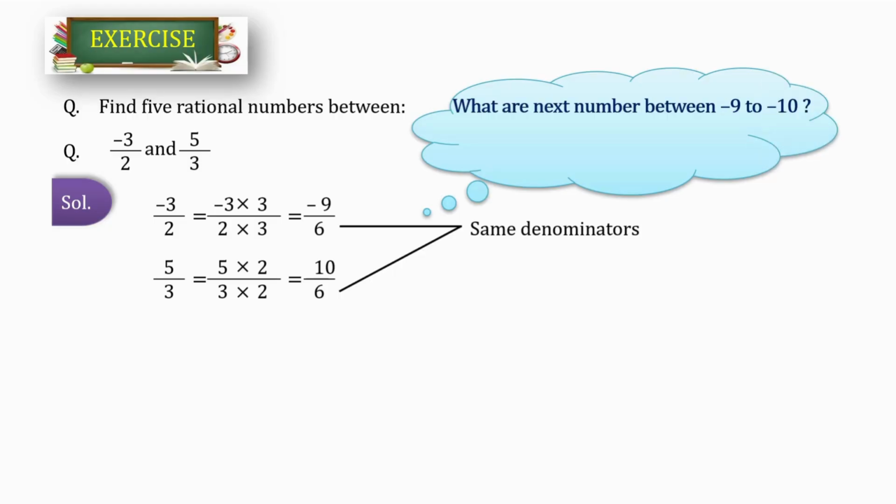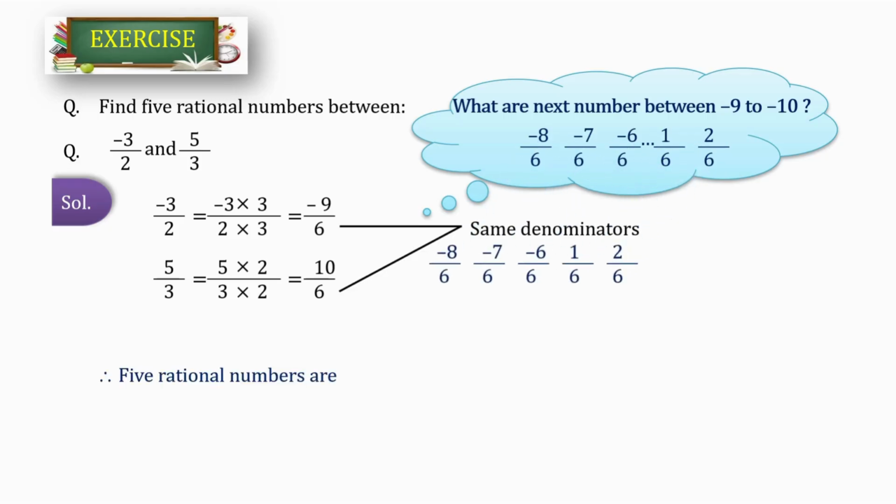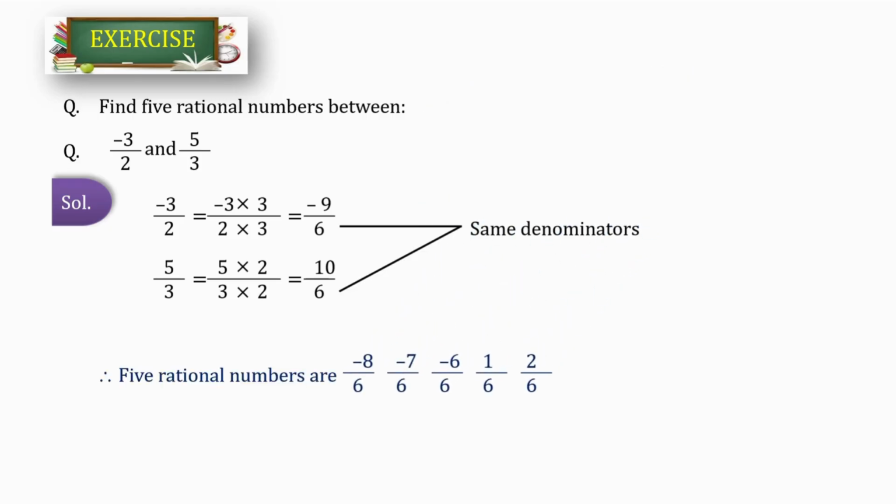Now we need to find the numbers between minus 9 and 10. So those are minus 8, minus 7, minus 6, or you can consider 1, 2, 3, 4. So 5 rational numbers are these.